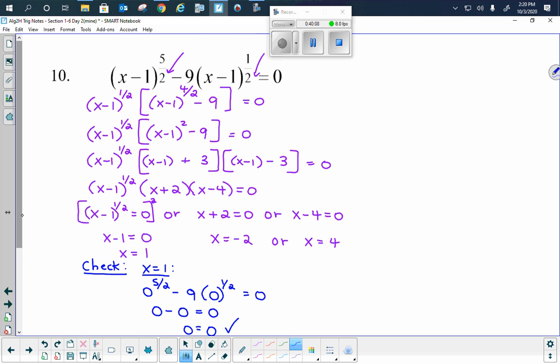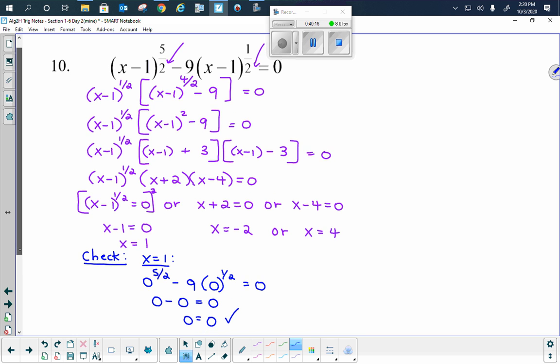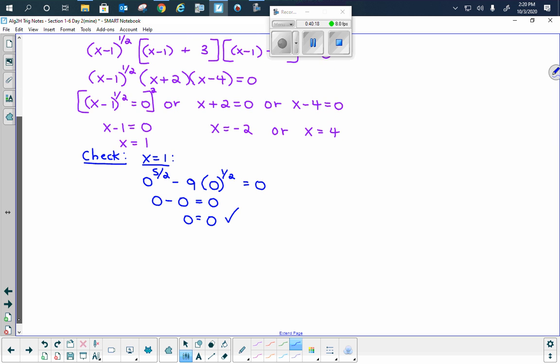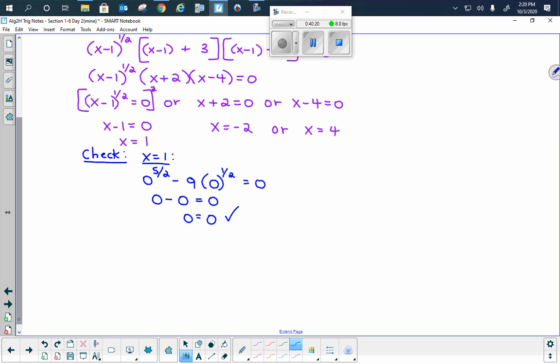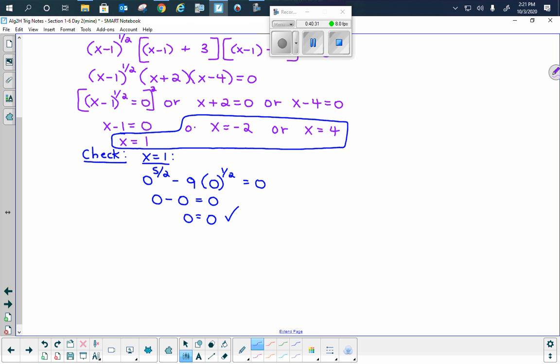Now we are in the section where we're allowed to have imaginary numbers, so we're going to be fine with all of these. So x equals 1 or x equals -2 or x equals 4. You would put all of them in the answer blank.